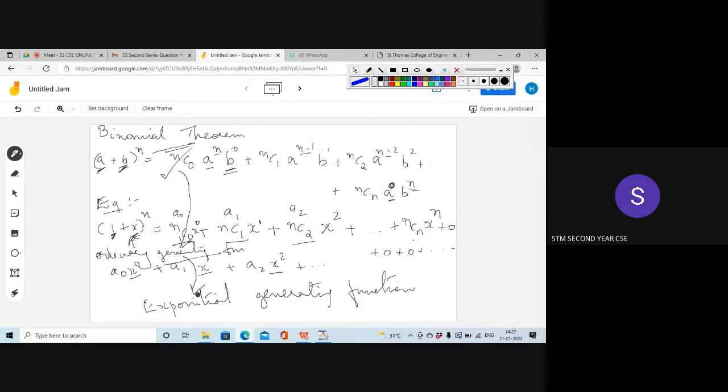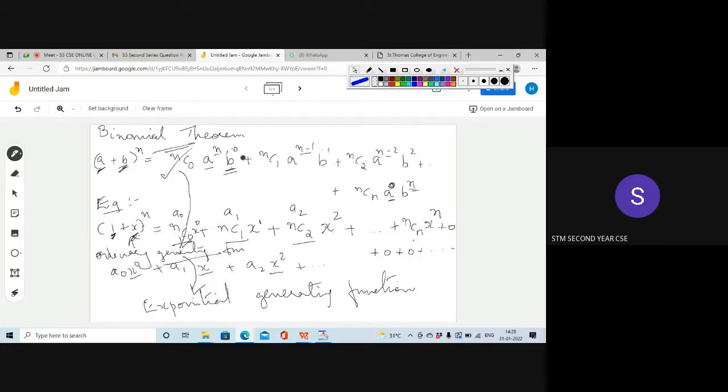Okay, so the binomial series is an example of an exponential generating function, and how we can prove that is what we are doing now. How can this binomial theorem be considered as an ordinary generating function, and from that how can we get an exponential generating function?